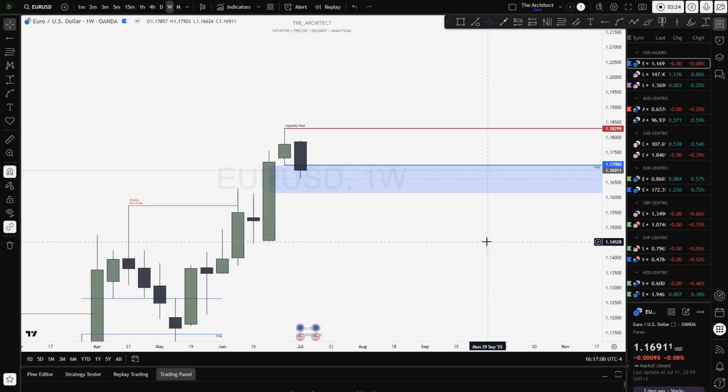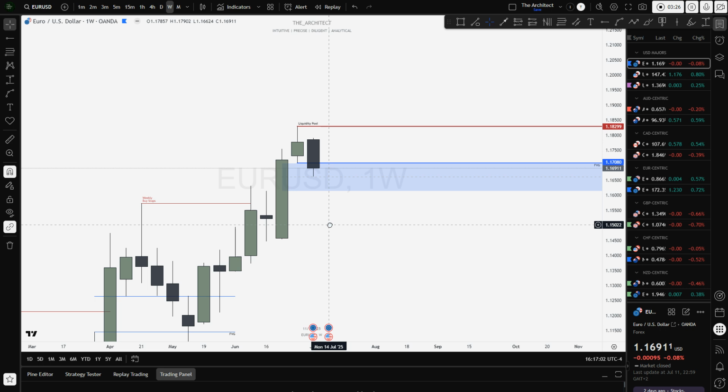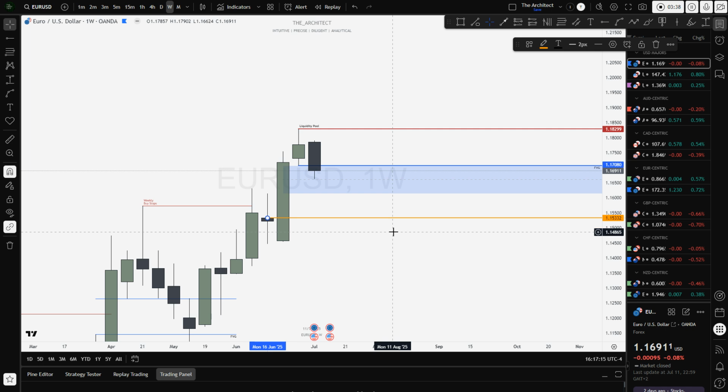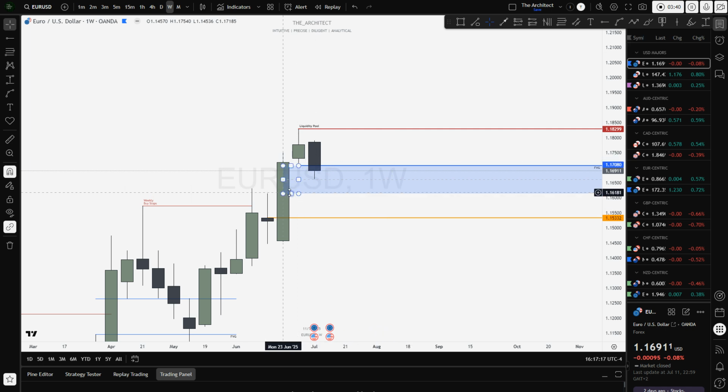This doesn't mean there's no chance that the market could push lower and invalidate this fair value gap. That is possible. There's still another area that we can look to trade, which is this bullish order block. But if price breaks this fair value gap, meaning if this following week's trading closes below this fair value gap, we're going to hold off on EURUSD. We're going to wait for price action to give us a clear indication of what it's looking to do.